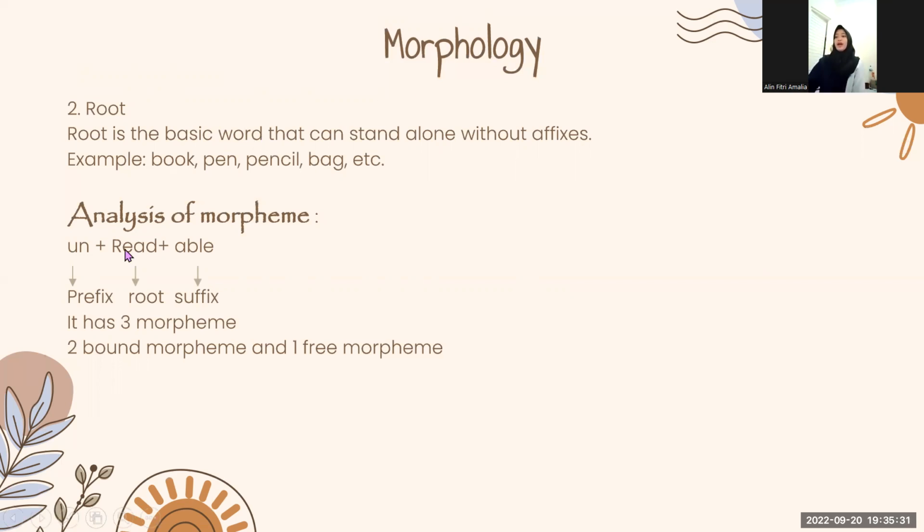And now we're going to analyze the morphemes. Like here, there is unreadable. Read here is the root, un is the prefix, and able is the suffix. The suffix is added to the end of the word, and the prefix is added to the beginning of the word.